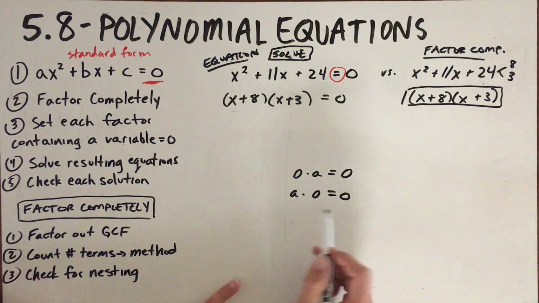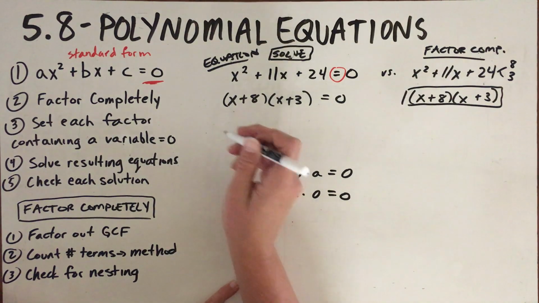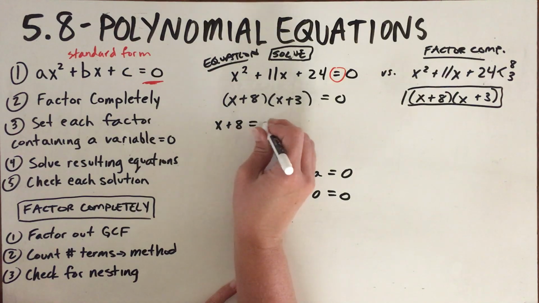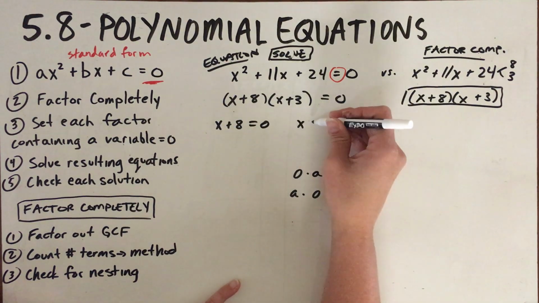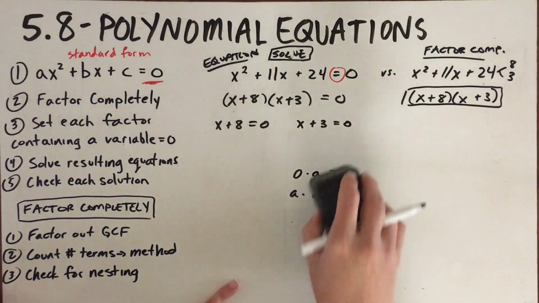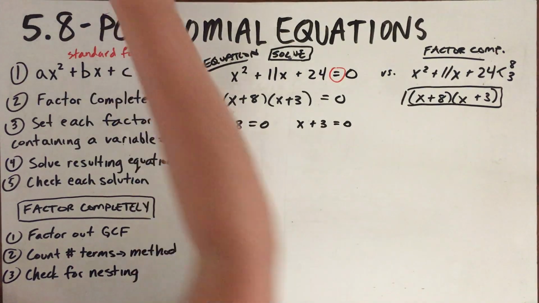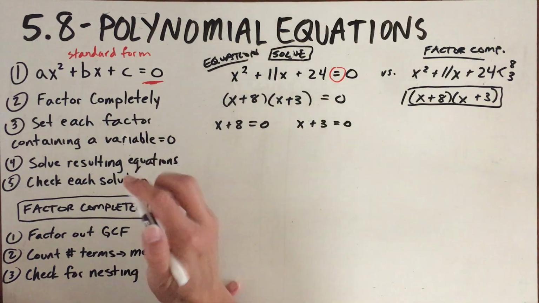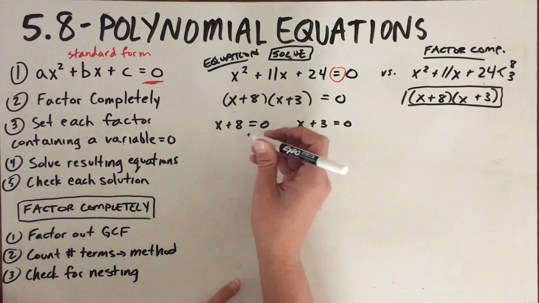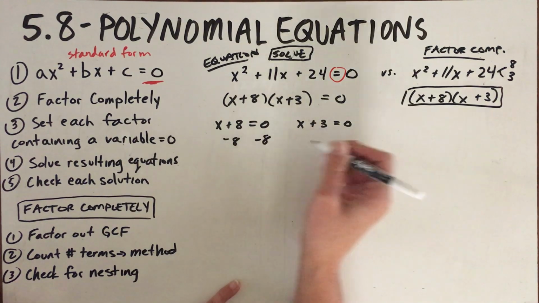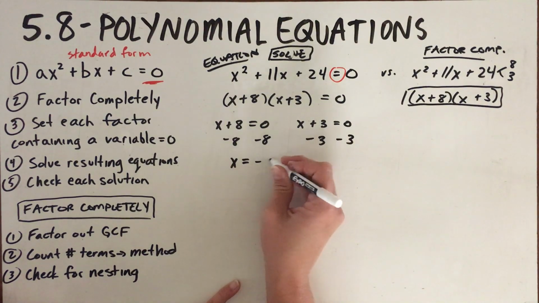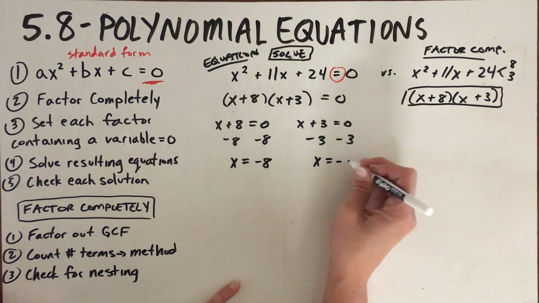So if I set this factor equal to 0 and this factor equal to 0, if either one of these factors is 0, then the whole thing would be 0. So I set each factor containing a variable equal to 0, and then solve the resulting equations. I subtract 8 and subtract 3, so x is equal to negative 8 and x is equal to negative 3.